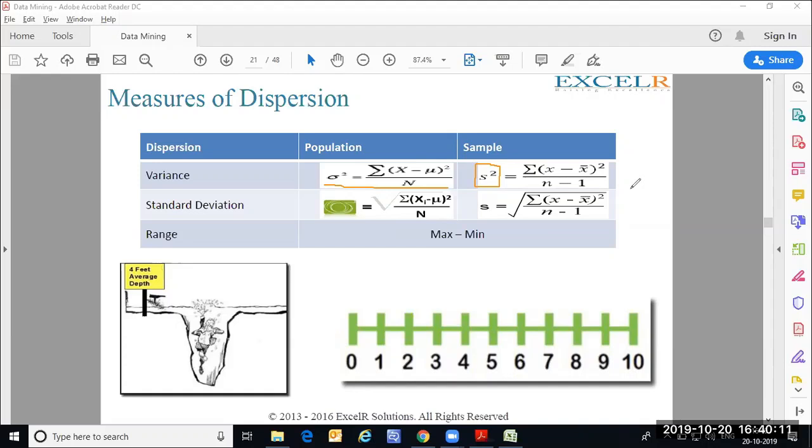X minus x bar whole square divided by n minus 1. Whereas in case of population parameter, we have just n in the denominator. But when it comes to the sample, we have n minus 1. Any idea why there is a difference in the denominator?